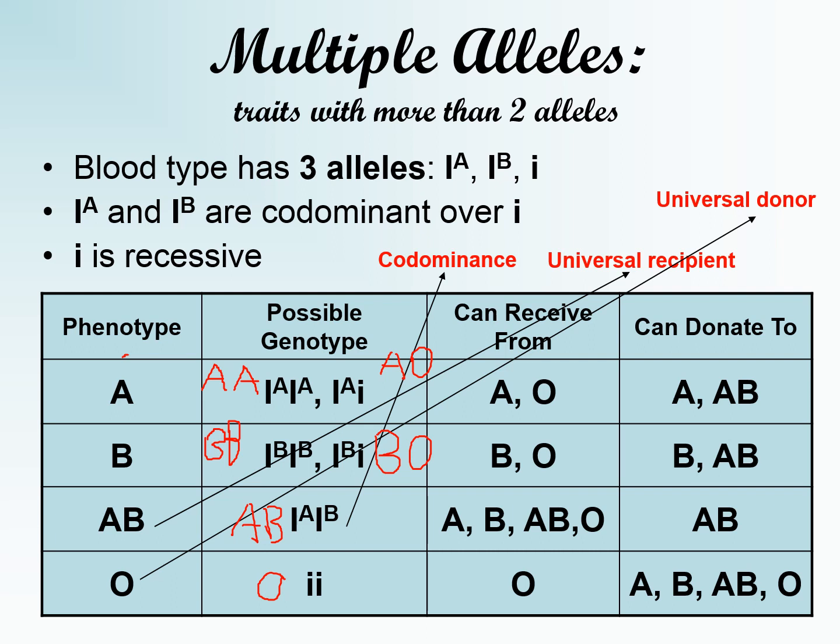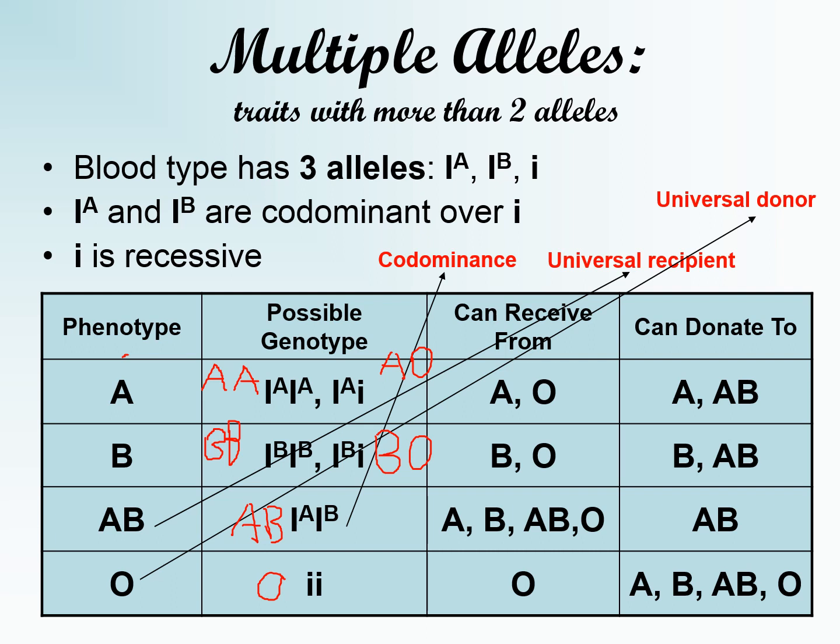So this is why, in terms of blood, A is most common, O is the least common. O has no antigens on the surface, and because it has no antigens on the surface, it can only receive blood from other people who have type O blood, but it can be put into any type of person.